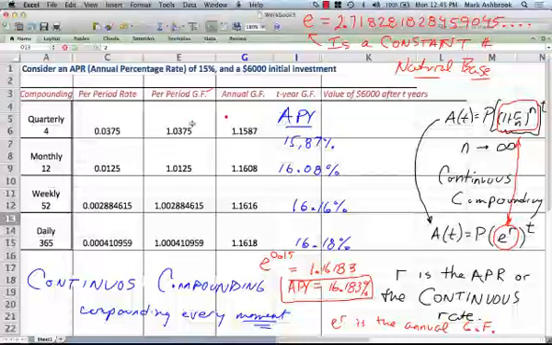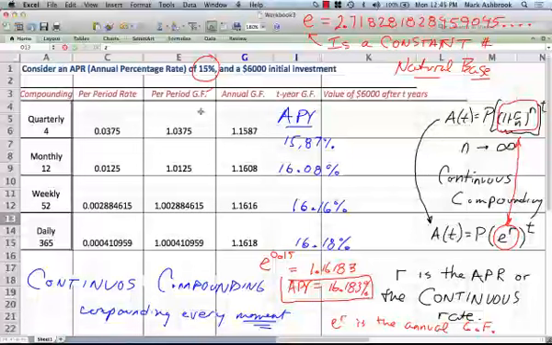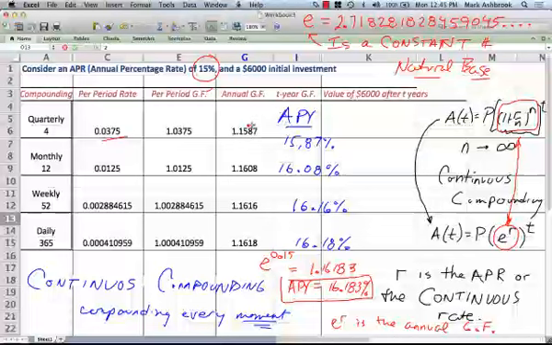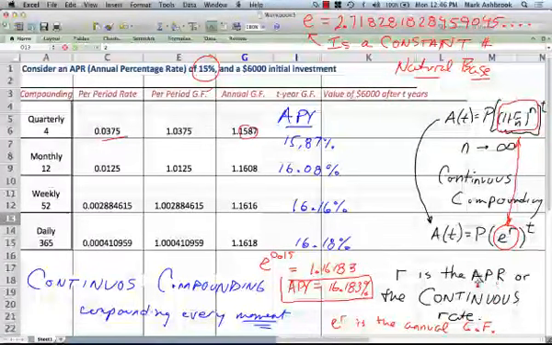The only thing that's not an actual percent increase is the APR of 15%. Every other percent increase that we found, per period, per annual, those are all actual percent increases. The only one that's not is the APR. Same thing with continuous. This continuous rate is just like APR.